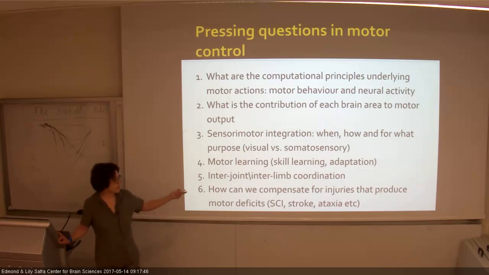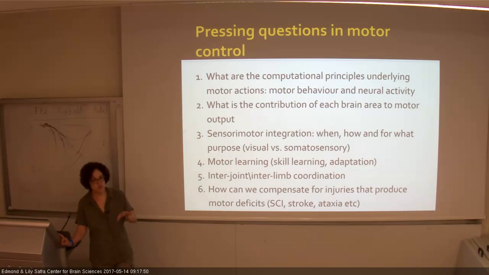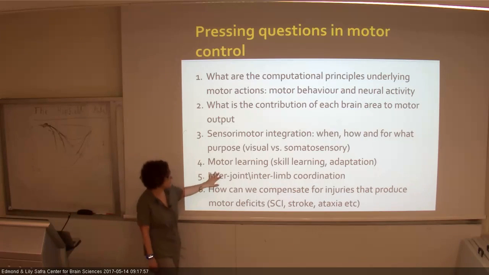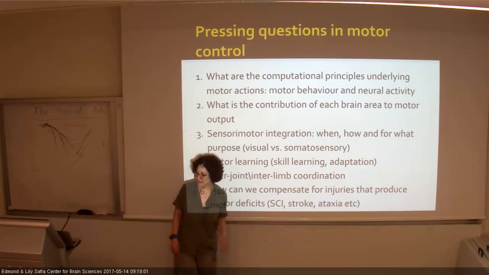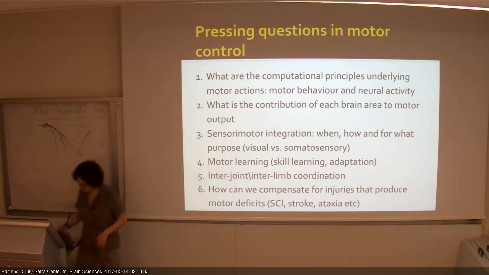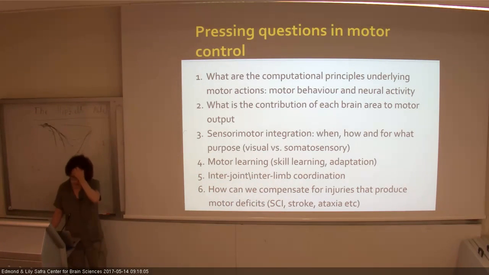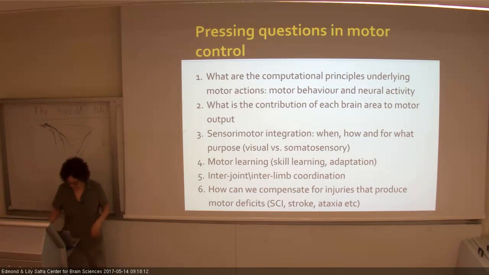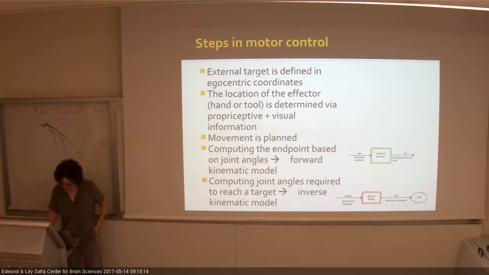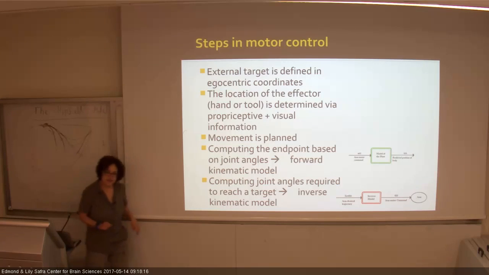Nevertheless, all these focal lesions often produce permanent impairments. And the question is, can we bypass using the mechanisms that we know operate normally? Adaptation, learning, integration, and so on and so forth. So these are some of the questions I will try to address in the next few lectures. And we'll see how far we'll go.